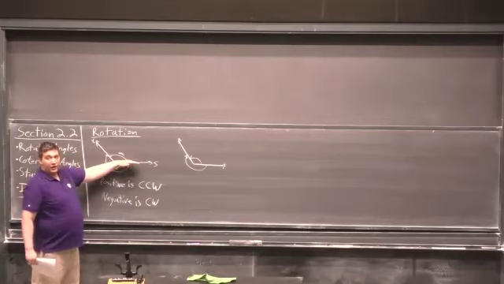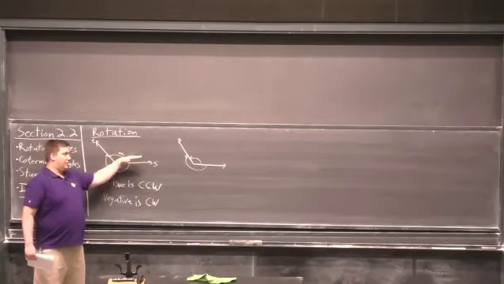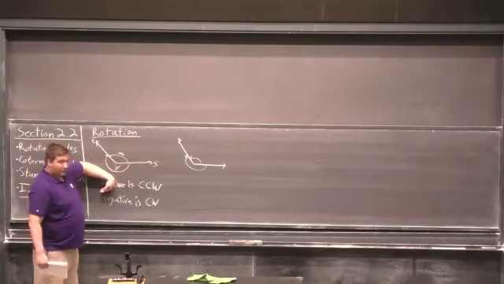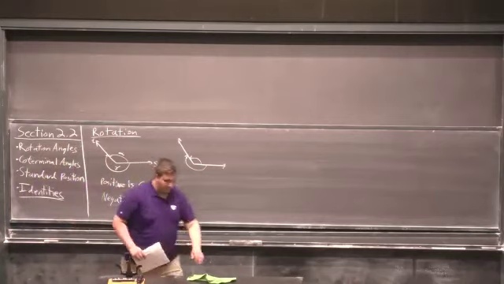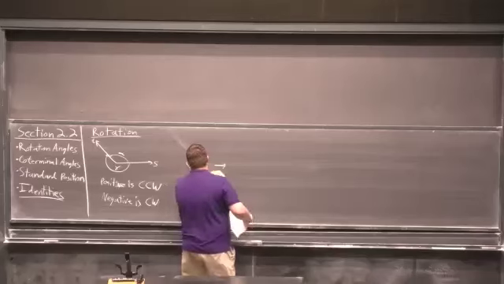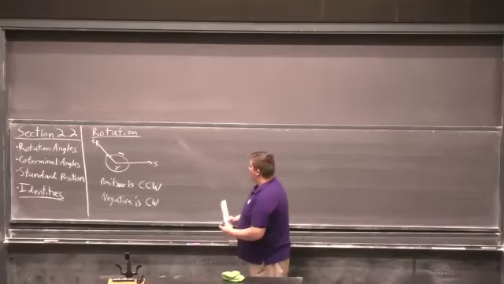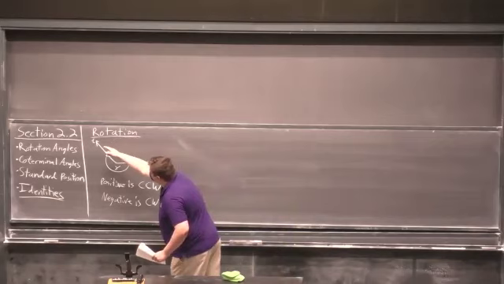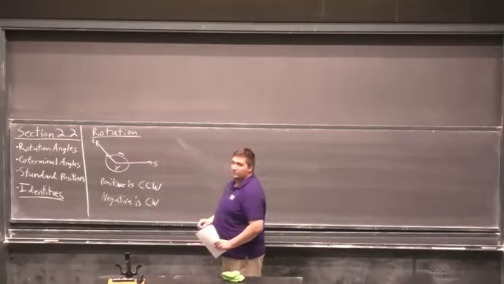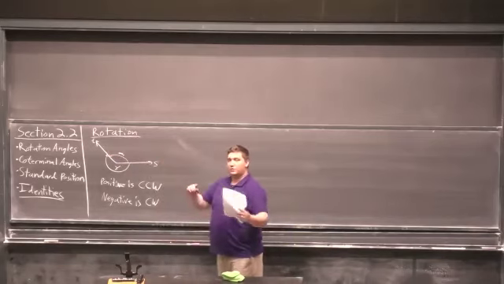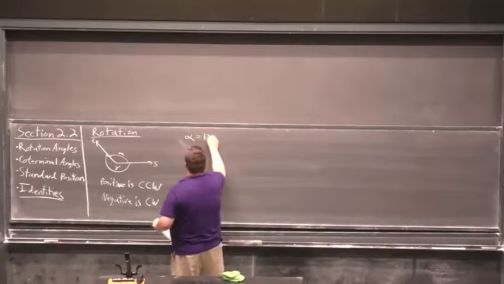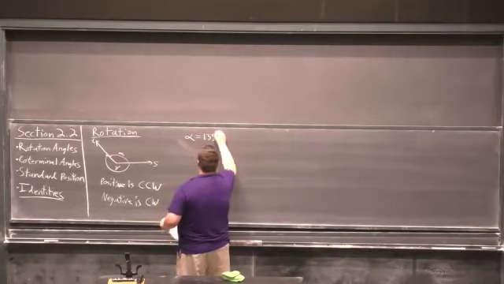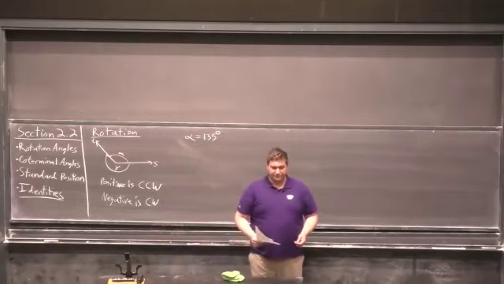Counterclockwise for a face clock is this way, and clockwise is this direction. So let's just say that I spun this angle S, I spun it 130, let's do 135 degrees. So alpha equals 135 degrees.